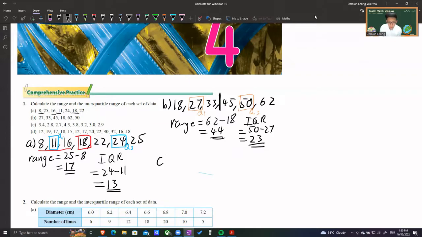C, also arrange in ascending order, lowest to highest.